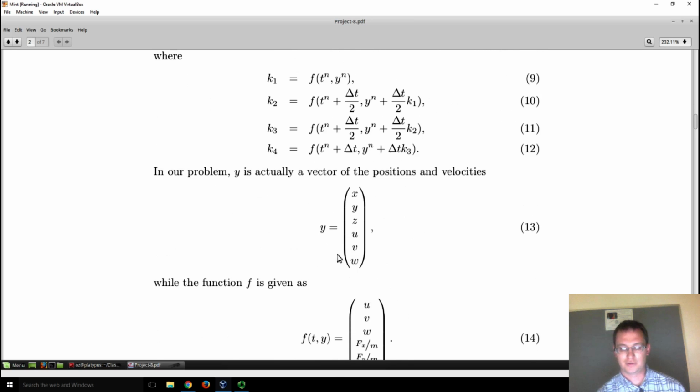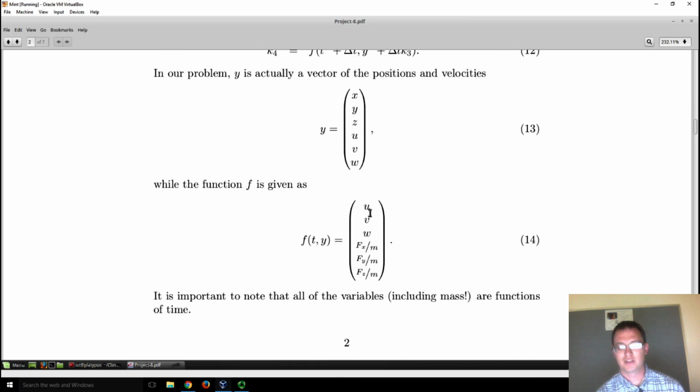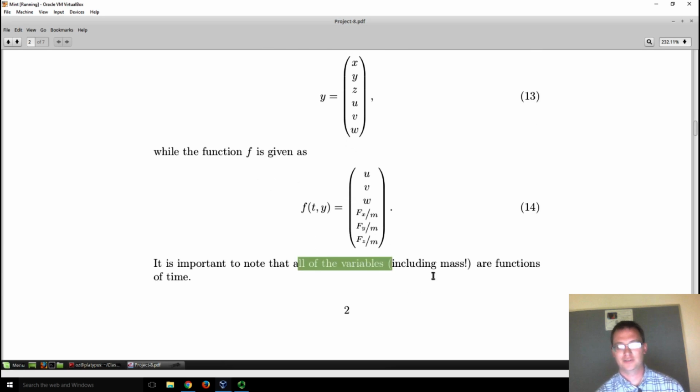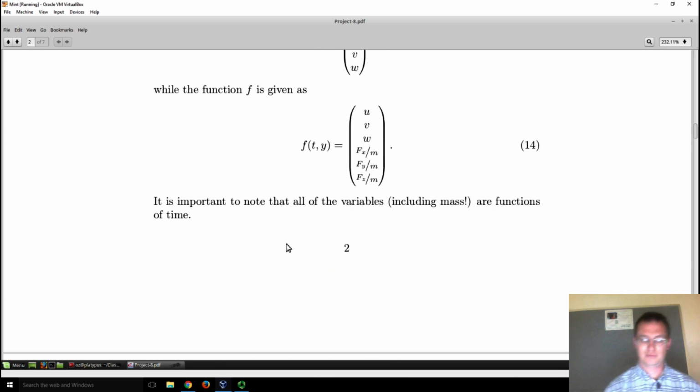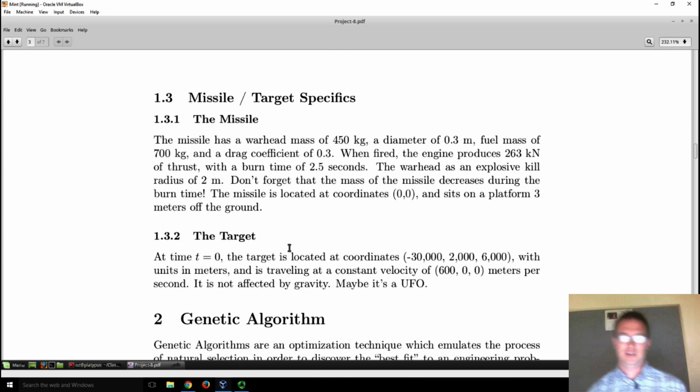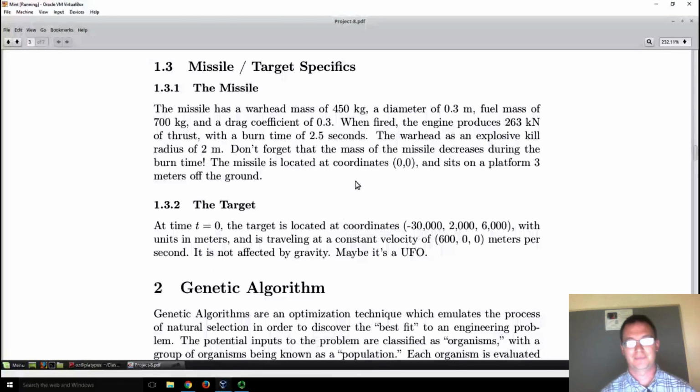And I've switched the order to make things consistent, but u, v, w, and then f, the force in the x direction, the force in the y direction, and the force in the z direction. All, of course, divided by the mass. And you should note that all of these variables, including the mass, are going to be functions of time. And that will be made clear shortly.